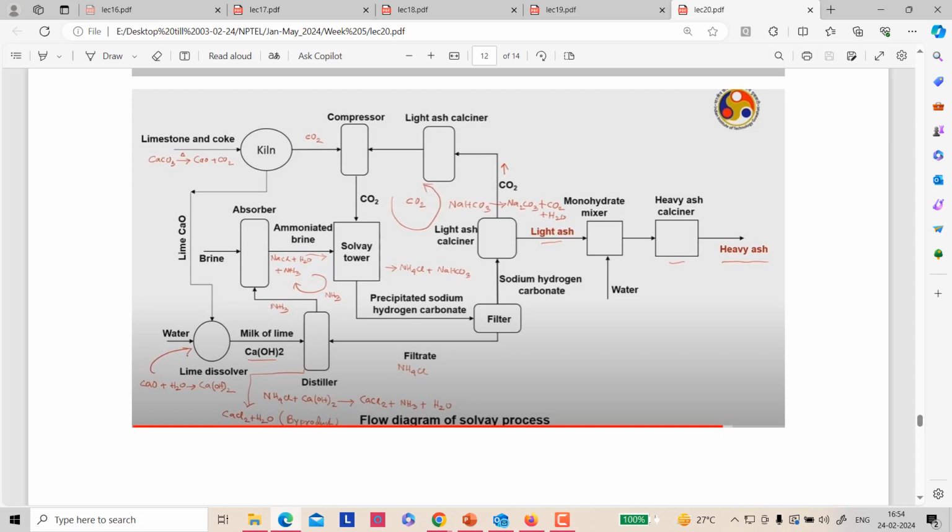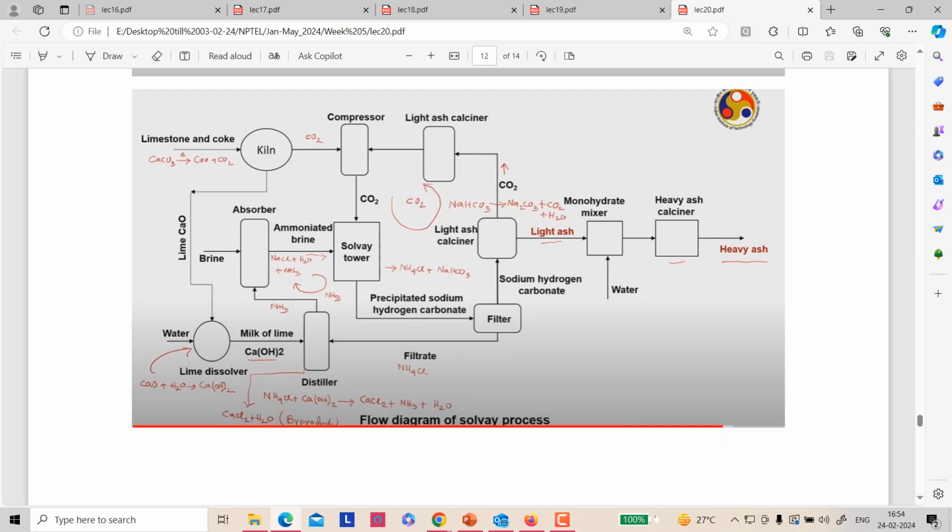It is compressed and passed into the Solvay tower, and here brine solution is sent in the absorber. NH3 is coming, and it becomes ammoniated brine, and it also enters into the Solvay tower.